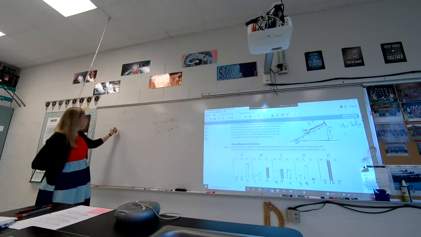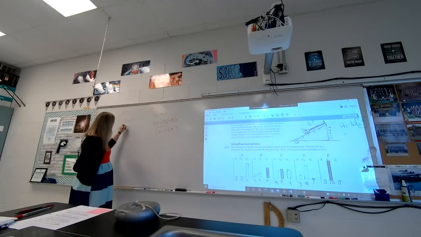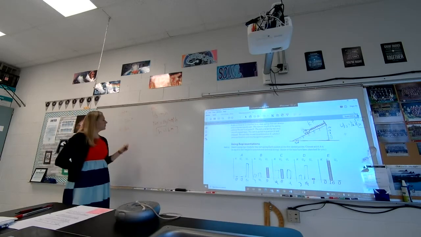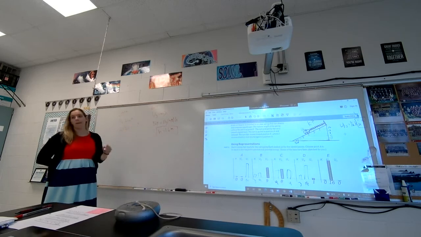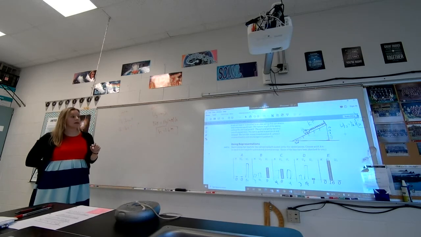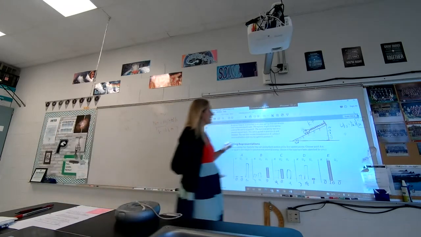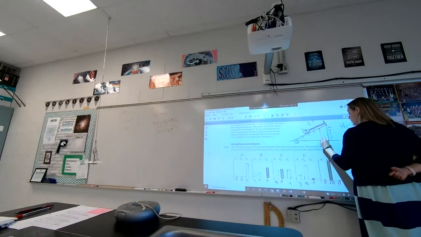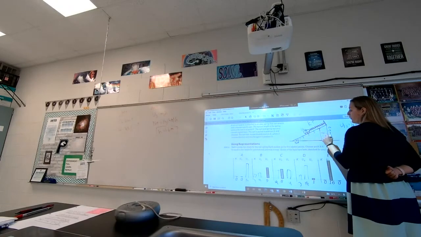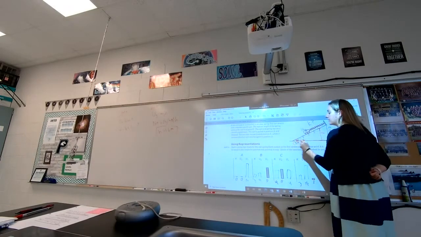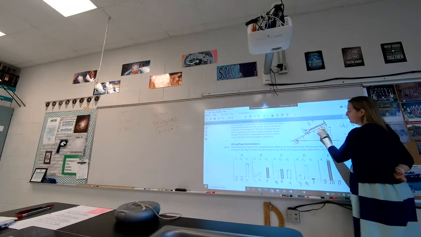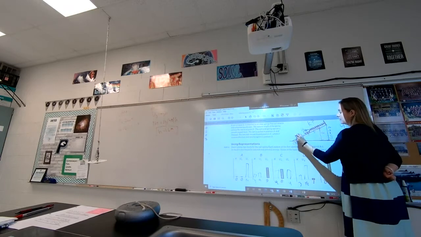So spring potential is 16, 1/2 k. Uh-oh. What is my x? It's not 1.6. This height is 1.6. This angle is 30. How do I find this distance?